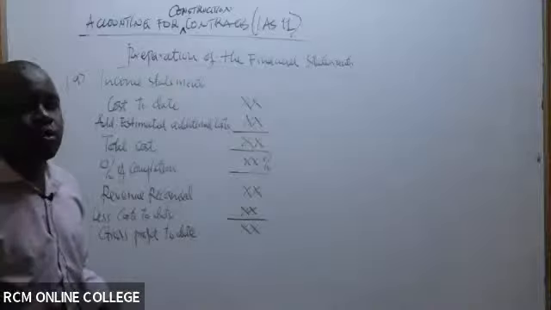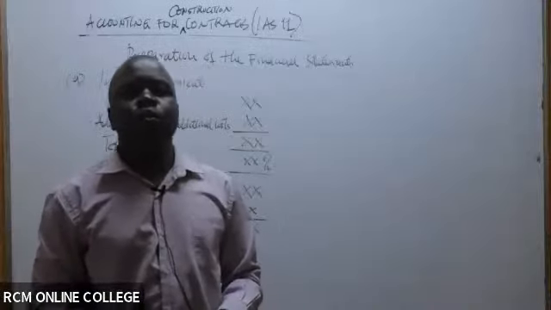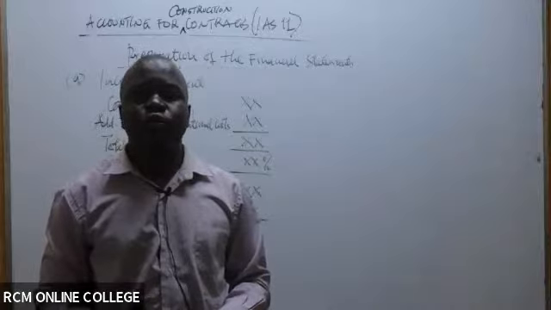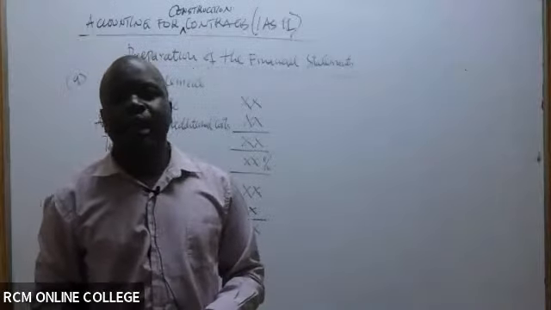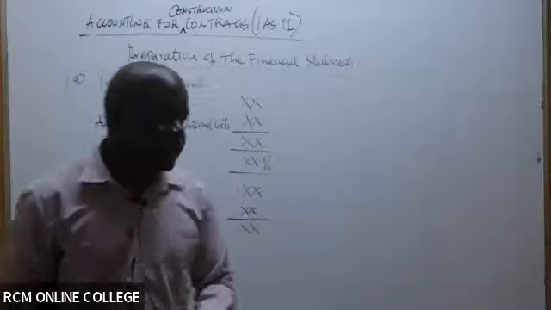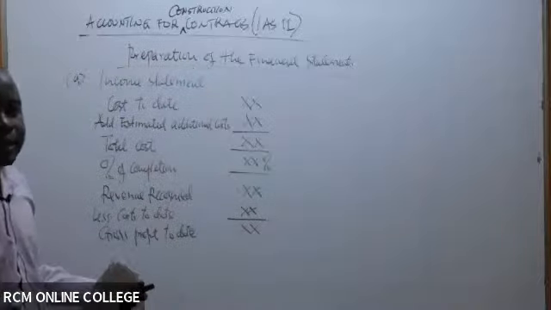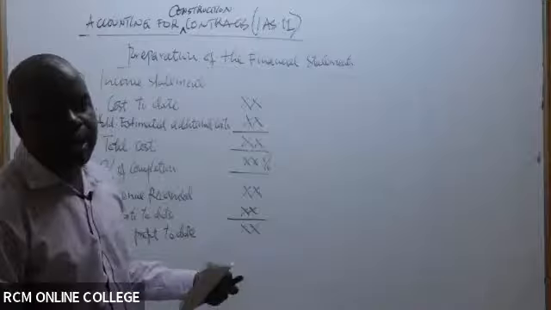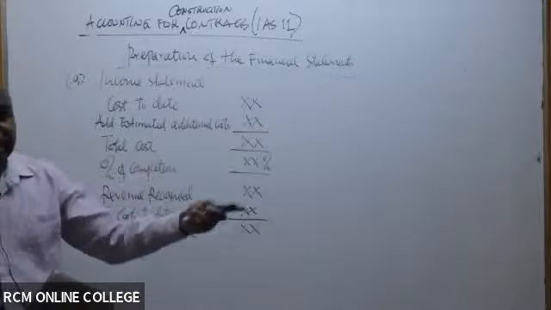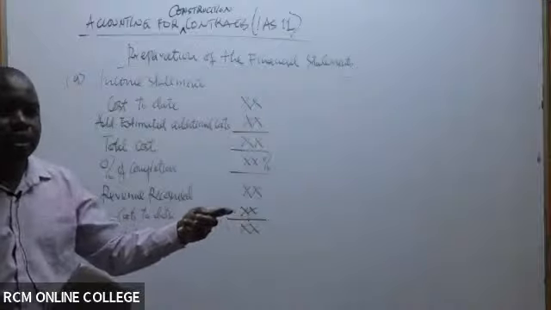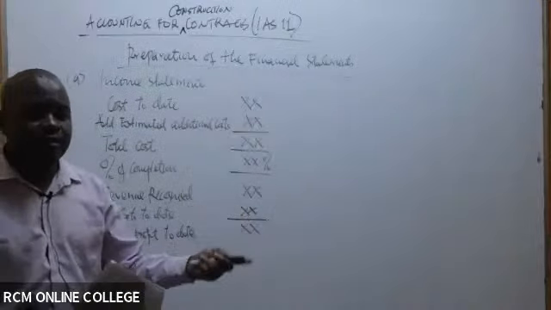But maybe in this case, wewe ni contractor mkubwa. Huko kwa ofisi yako kuna human resource, kuna employees wengine, kuna admin expenses you incur to run your affairs. Wewe si contractor mchache, uko na ofisi kubwa sana, uko na employees wengi, wewe ni kampuni kubwa. So in this case, apart from the cost you've incurred directly on constructing the road, there were other supporting staff.